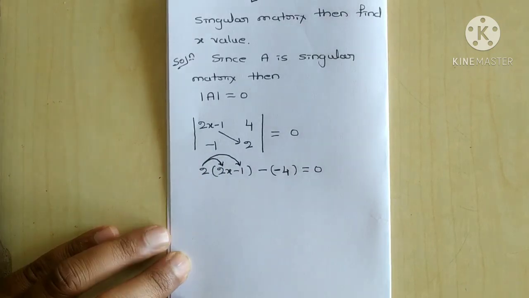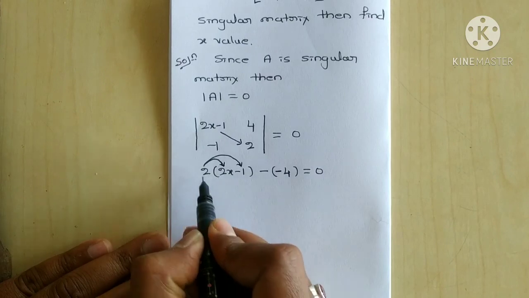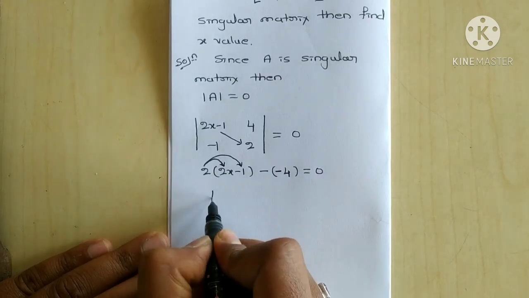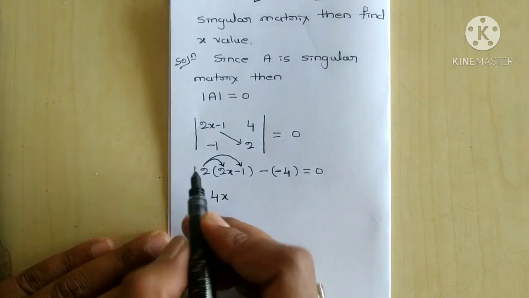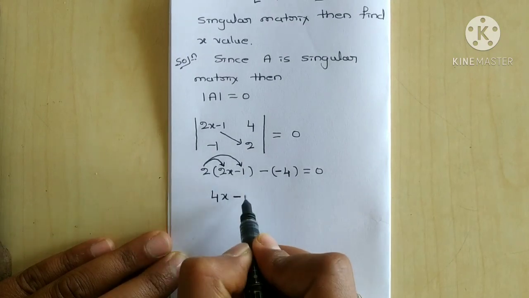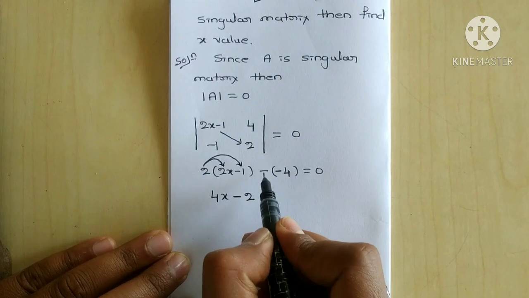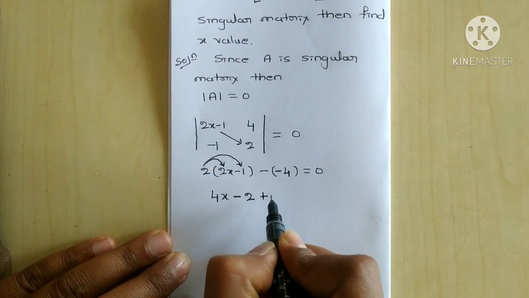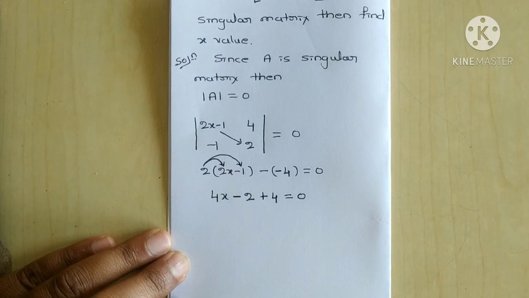Plus into plus is plus, 2 into 2x is 4x. Plus into minus is minus, 2 into 1 is 2. Next, minus into minus is plus 4, equals 0.